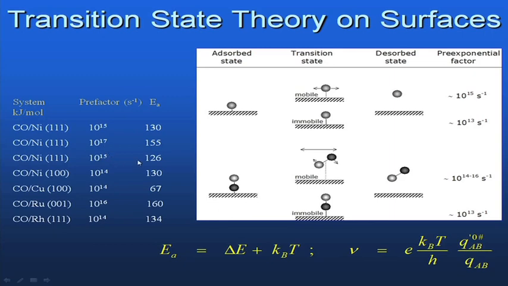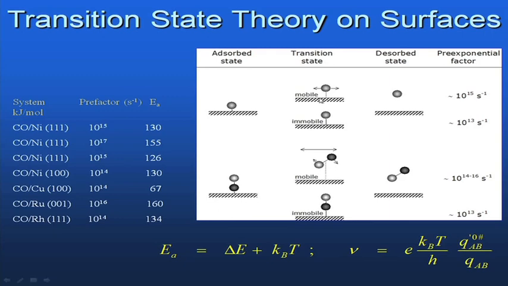Now, if you look into this, here is your adsorbed state, this is your transition state, this is your desorbed state, and these are the pre-exponential factors. If the adsorbed state is adsorbed onto the surface, then it can have two options. One is mobile, another is immobile. When it is mobile, it can move around in the two-dimensional surface on the metal, maybe nickel or maybe copper.